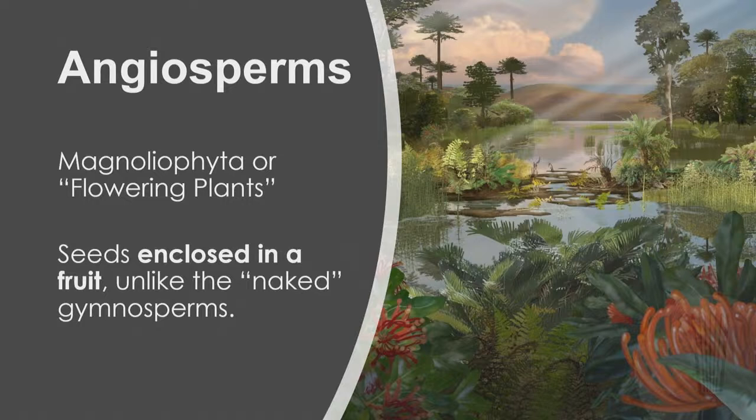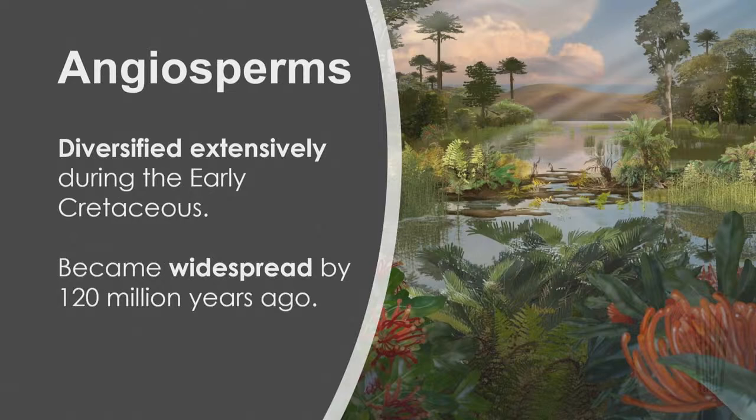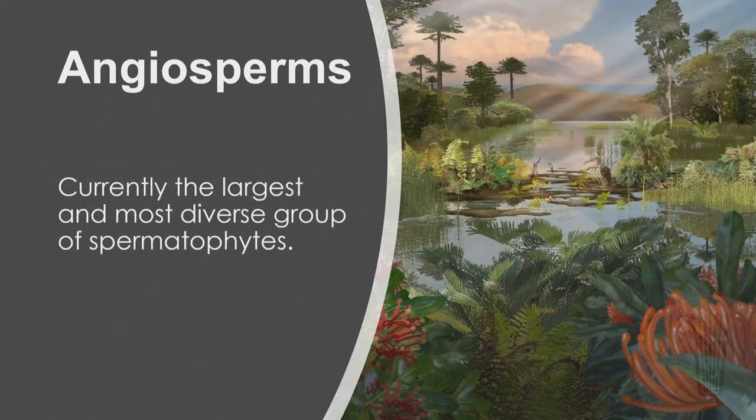Seeds enclosed in a fruit is how we define the flowering plants, or the angiosperms, unlike the naked seeds of the gymnosperms. It diversified extensively during the early Cretaceous and became widespread by 120 million years ago. Angiosperms are currently the largest and most diverse group of spermatophytes, or seed-bearing plants.